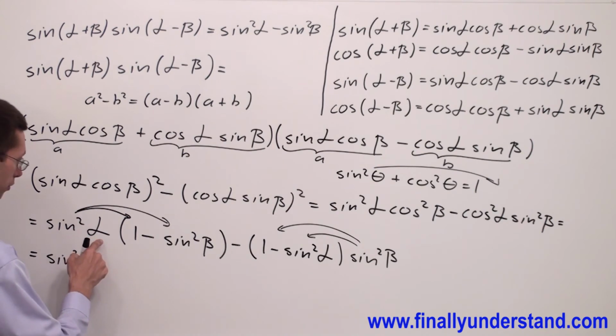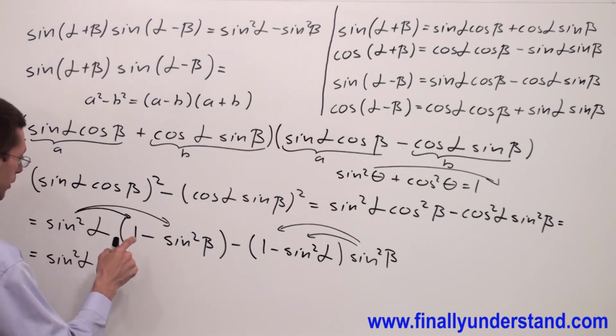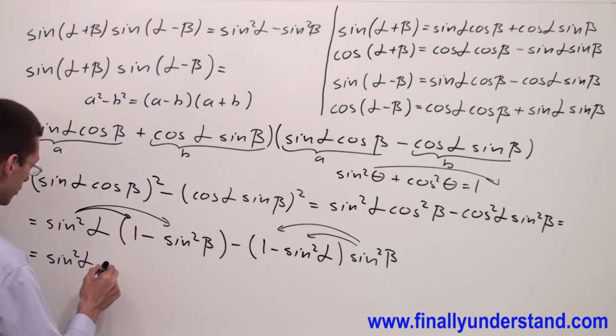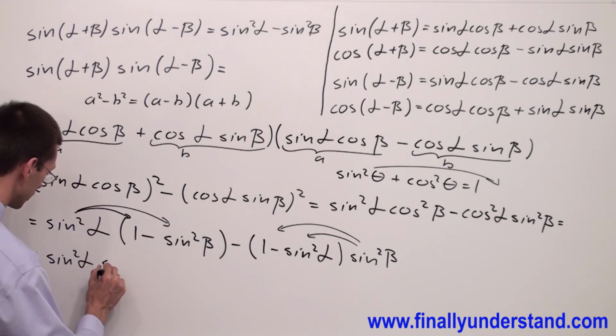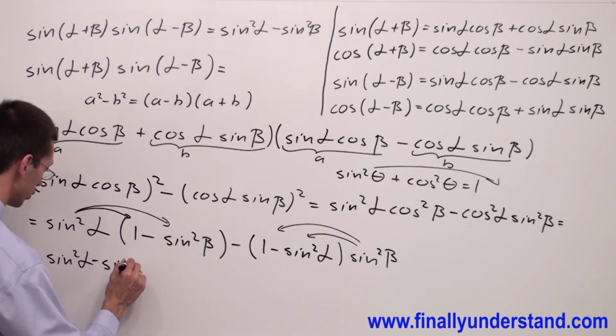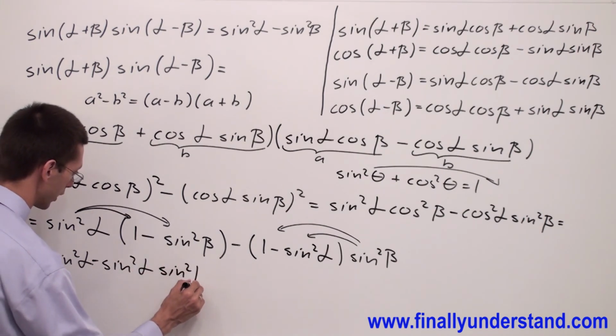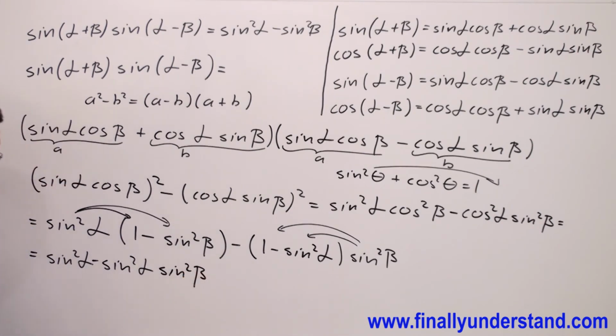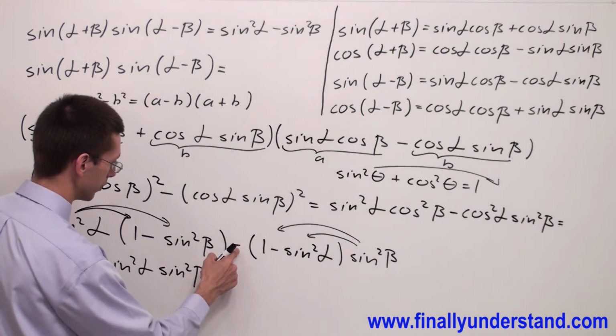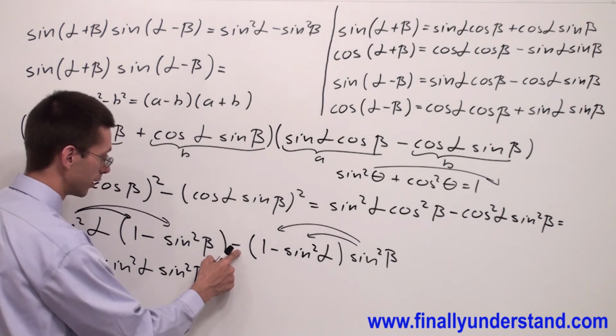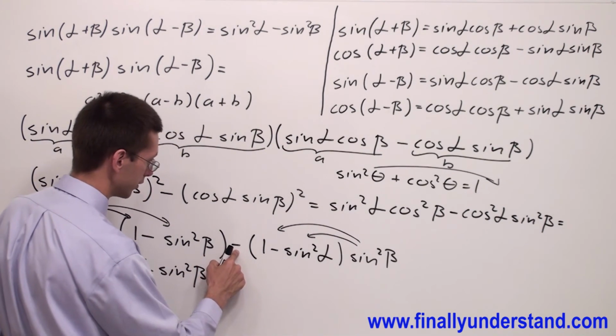Sine square alpha times negative sine square beta is equal negative sine square alpha times sine square beta. Okay, I'm finished with this part. And now I have negative sign over here. Don't forget about this negative sign.